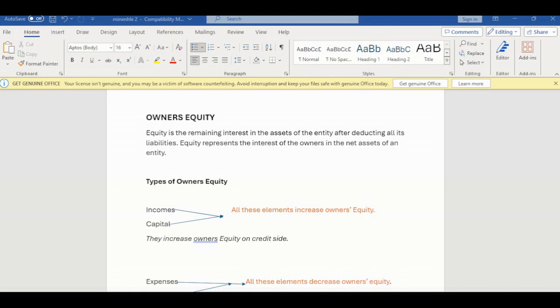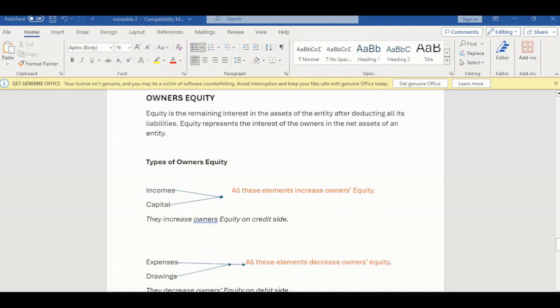Okay, types of owner's equity, we have different types of owner's equity. We have types of owner's equity which increase owner's equity, and also types which decrease owner's equity. Okay, we have incomes and capital. These types of owner's equity increase owner's equity on the credit side.